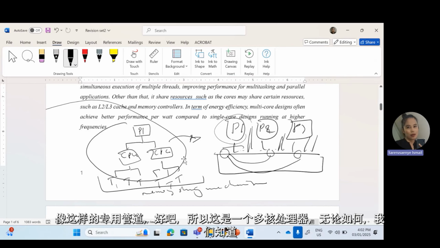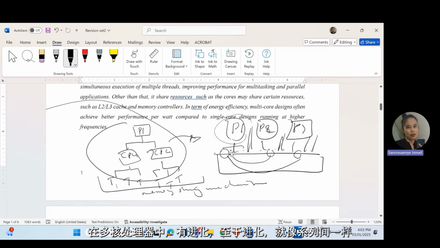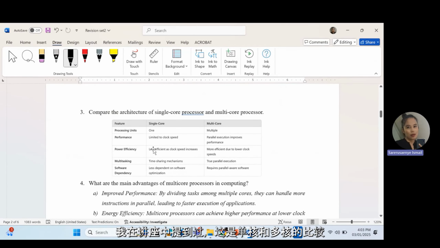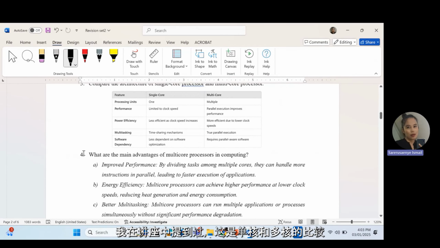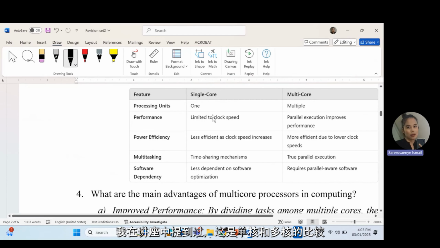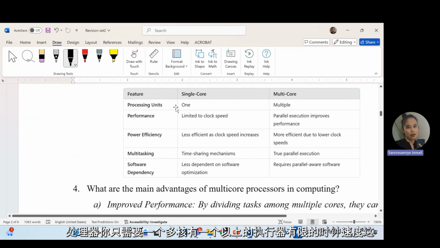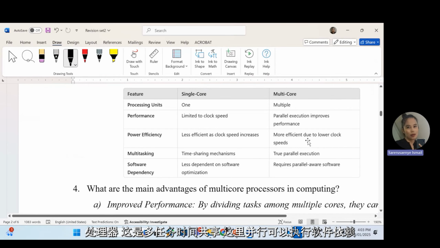Anyhow, we understand that in multi-core processors there are evolutions, like the Intel series, as I mentioned during my lecture. This is the comparison of single core and multi-core. Processor unit: only one, while multi-core has more than one. Performance is limited by clock speed, while this one is parallel, as I drew just now. Power efficiency, of course, this is less and this is more because there are more processors.